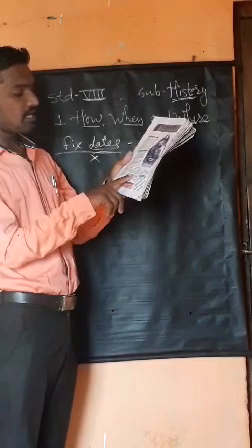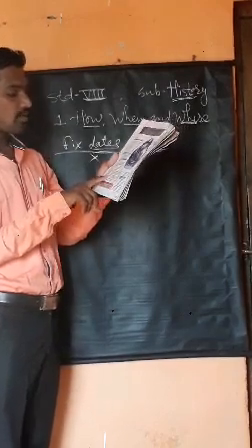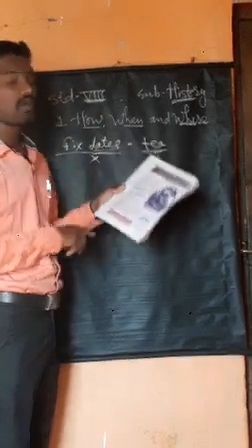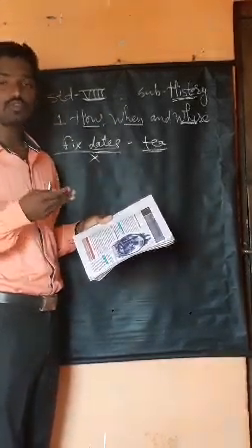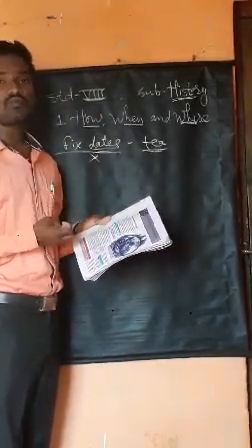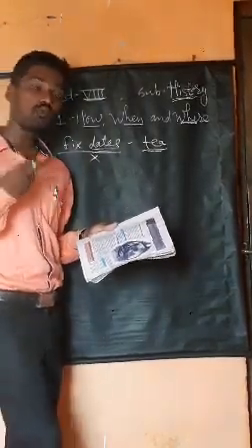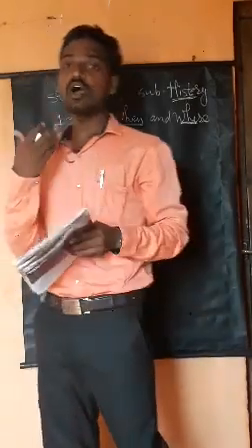The second example given is: when were railways built, and how did people travel long distances before the age of railways? Before the age of railways, how were people traveling from one place to another?